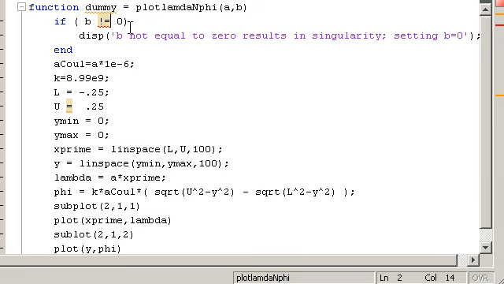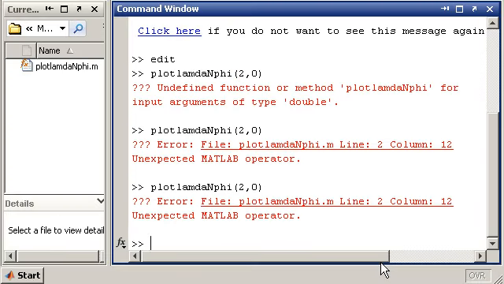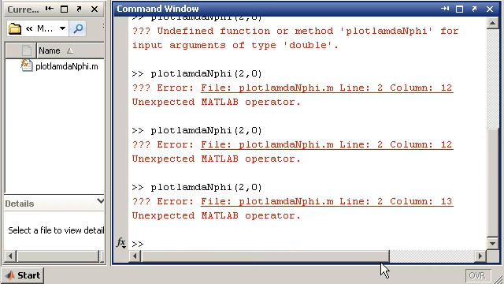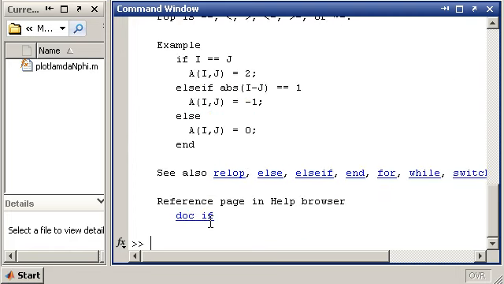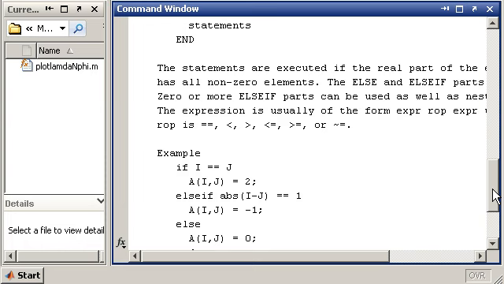So, gonna try less than, greater than. I don't think that's it though. So I'm gonna have to try help if. So they give some examples there. Oh, squiggle equal. There it is.